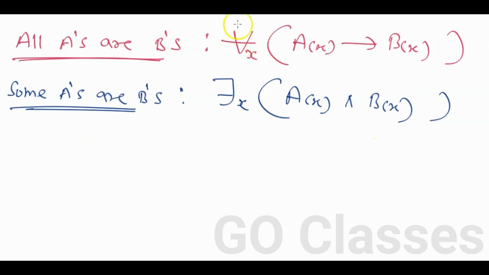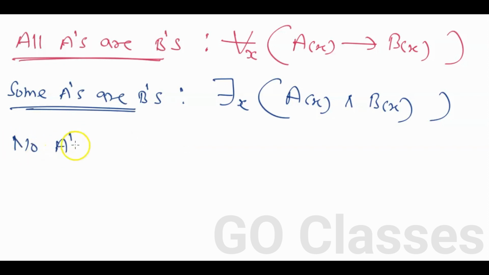With universal quantifier we use implication, with existential quantifier we use conjunction, and the proof I have given to you already. You should understand the proof, and also keep these basic templates in your mind, because we use them again and again.